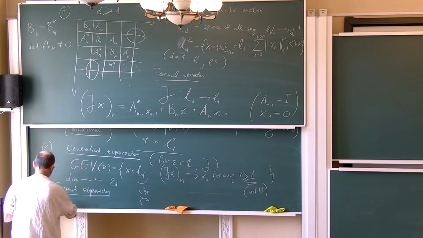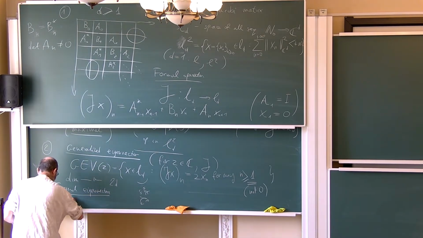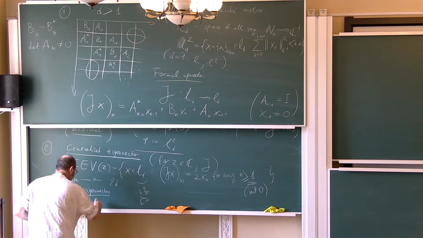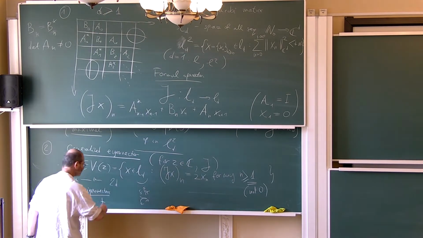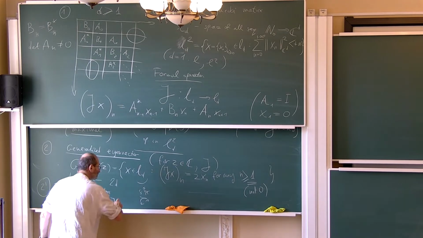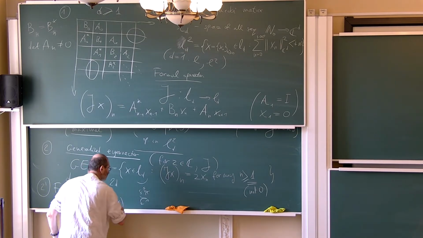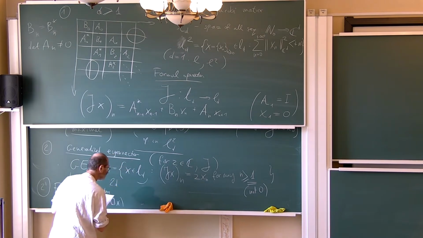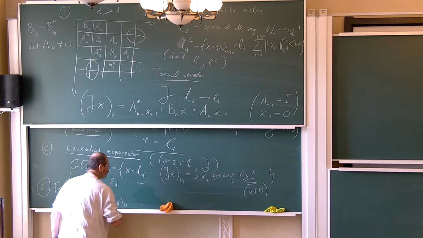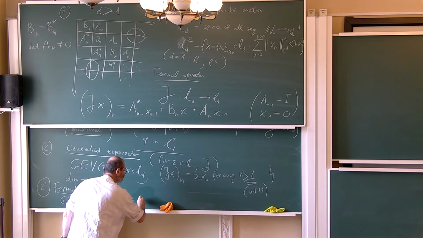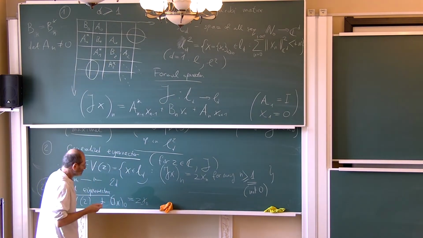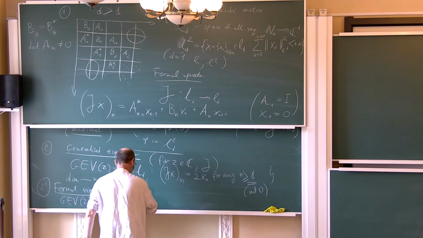So I will write: generalized eigenvectors plus the condition (J x)_0 is equal to z x_0.